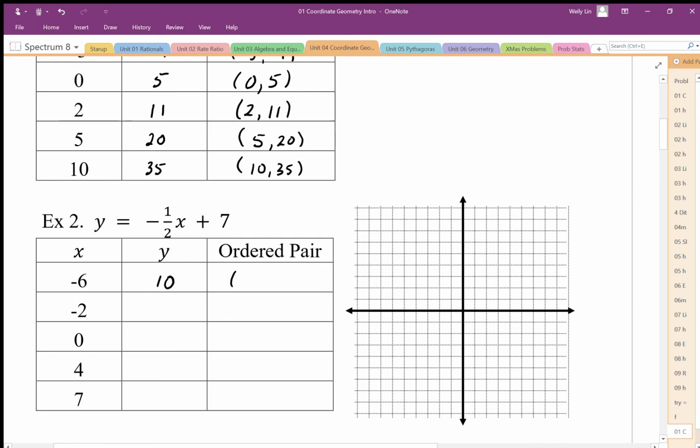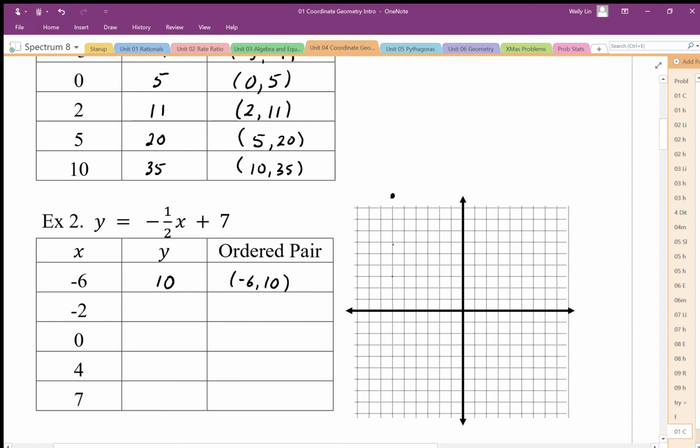Okay, if you need to do this work on a scrap piece of paper, go ahead and do that, but you're going to have to make sure that you do your calculations correctly. So we get negative 6, positive 10. Okay, so I'm going to go 6 to the left, and then 10 up, just a little bit off the graph.